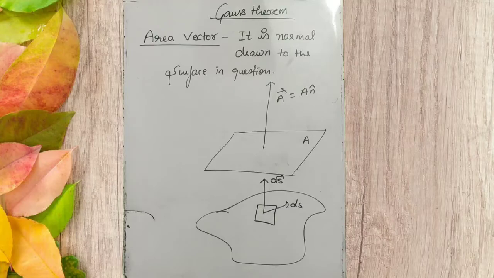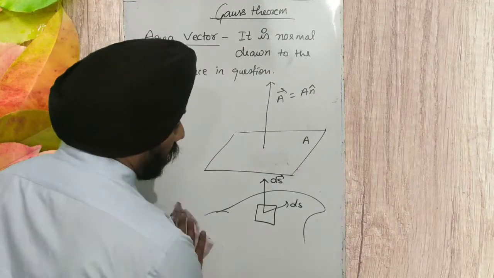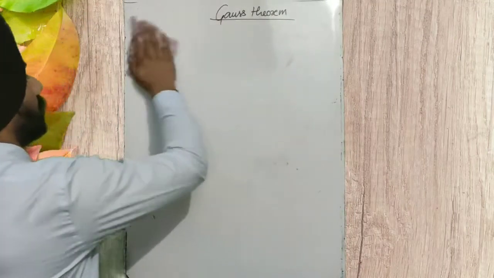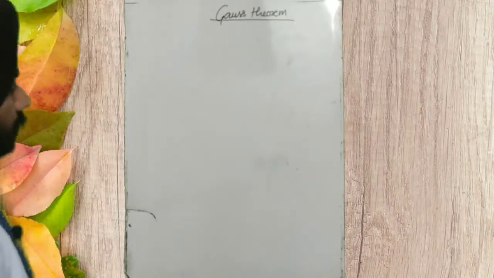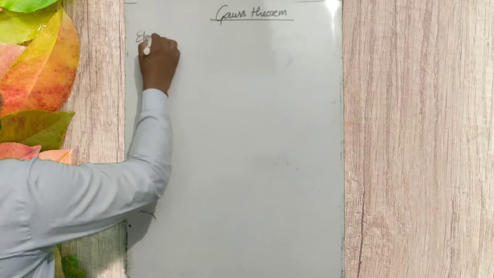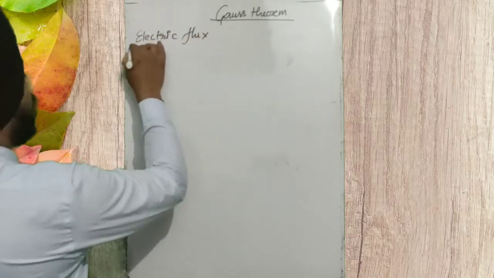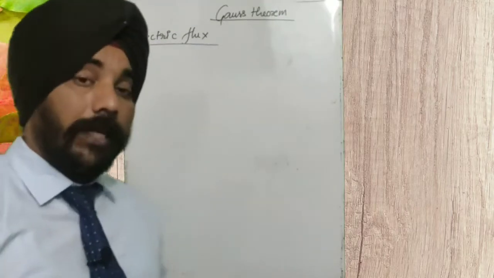After that we have a term that we have to define, that is electric flux. So what is electric flux here? Do you know what is the meaning of flux? The meaning of flux is flow. Because we are talking about electric field here and I am defining electric flux, there will be a flow of electric field.